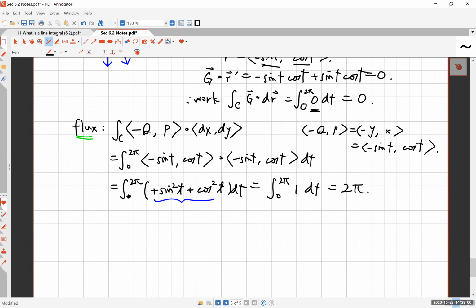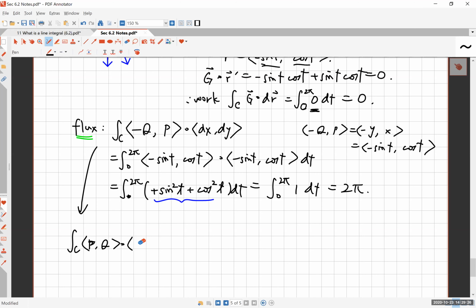I personally was stumbling a little bit because I showed you negative q comma p and then dx dy. I personally prefer to do it this way. It's dy and then minus dx.